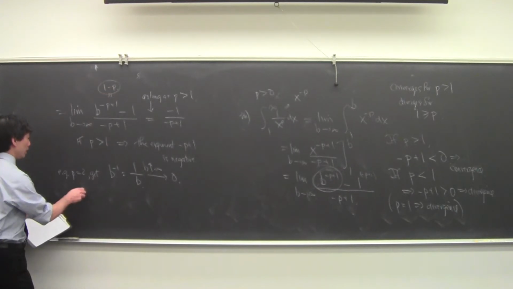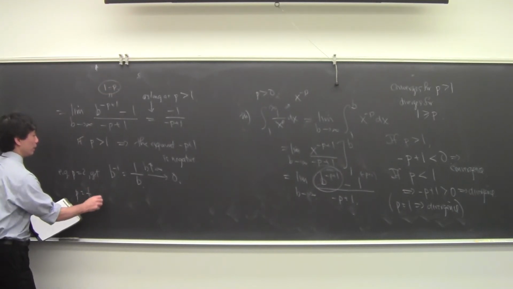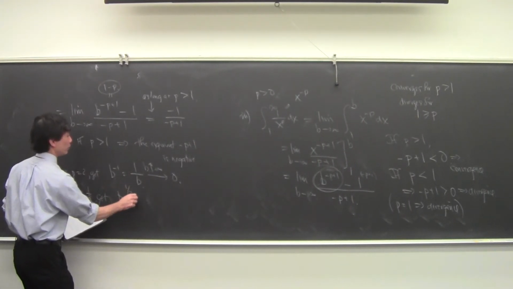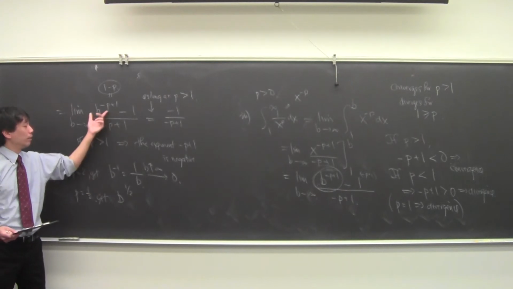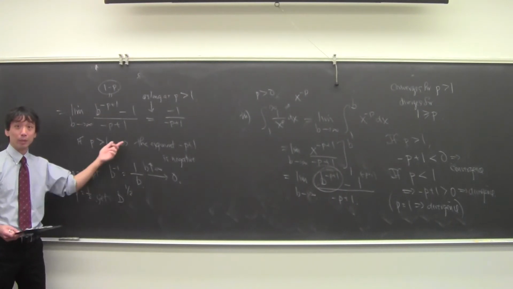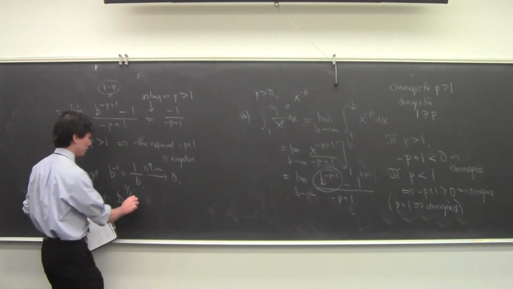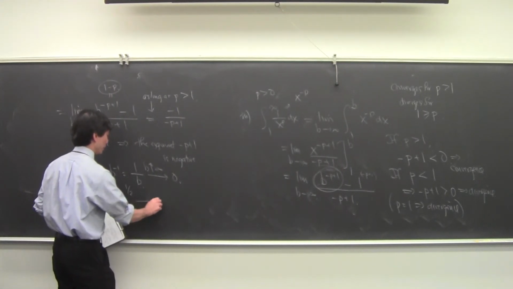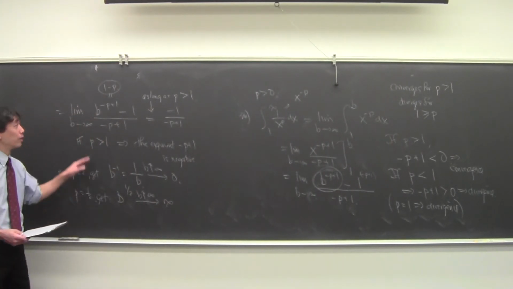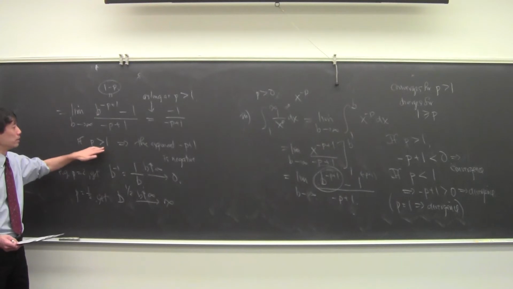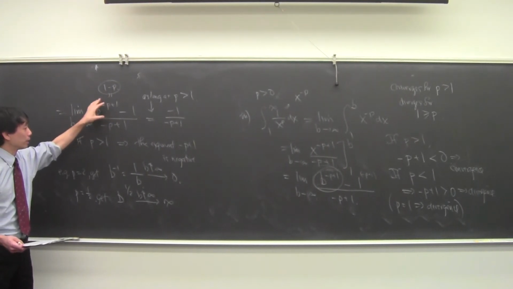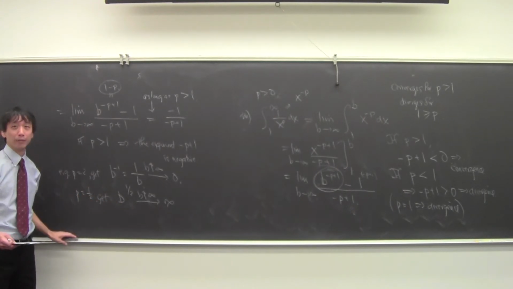Say if p is a half, we get b to the 1/2 power. As b goes to infinity, that square root of b is going to become huge, so you get infinity. So if p is bigger than 1, we get convergence. If p is smaller than 1, we get divergence.